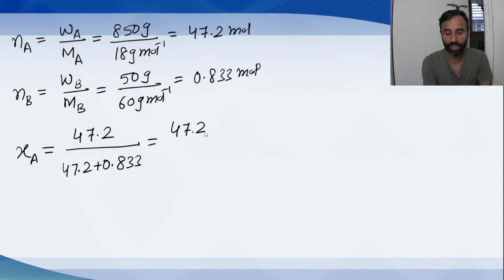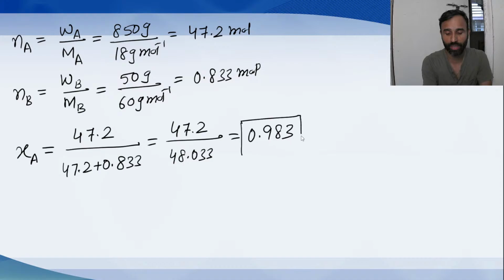That is 47.2 divided by 48.033, which comes out to be 0.983.